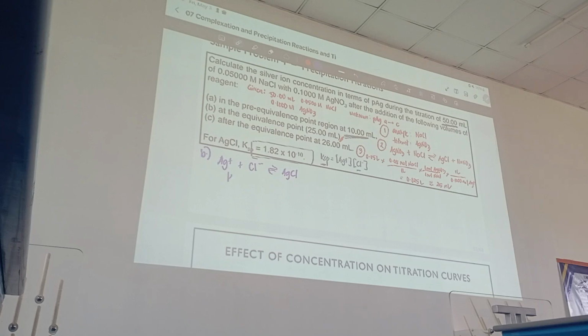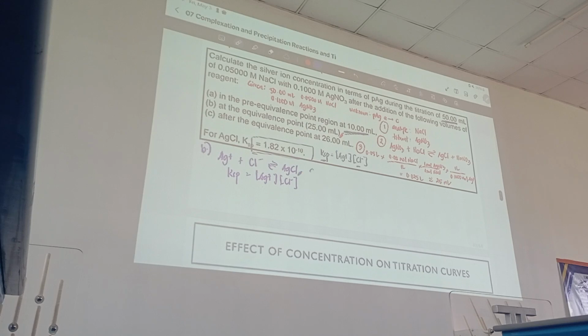So therefore, KSP is equals to Ag plus and Cl minus. Dahil, since, remember, at equilibrium, at equivalence point guys, at equivalence point, you need to take note na the concentration of Ag plus is equals to the concentration of Cl. So therefore, this will be equal to KSP to concentration of Ag plus squared.